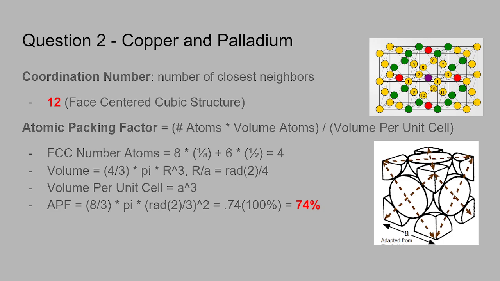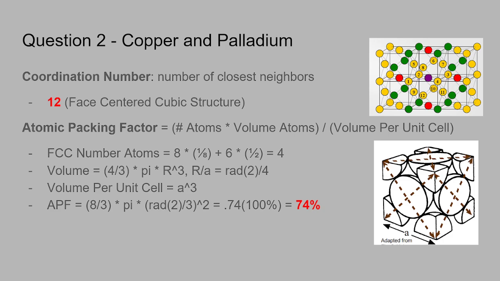Looking at the atomic packing factor for copper and palladium, it is the number of atoms times the volume of atoms divided by the volume per unit cell. As you can see in the lower right hand picture, a is the length of one of the sides of the cube. For face-centered cubic, the number of atoms is 4.